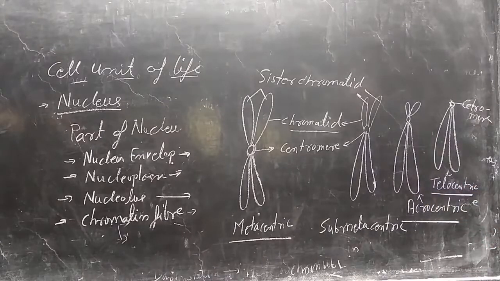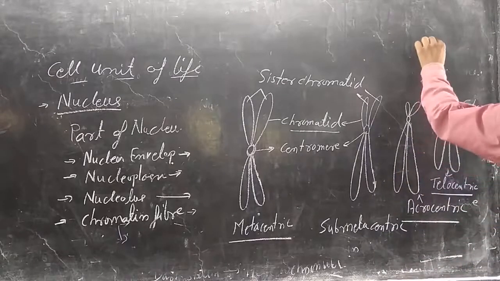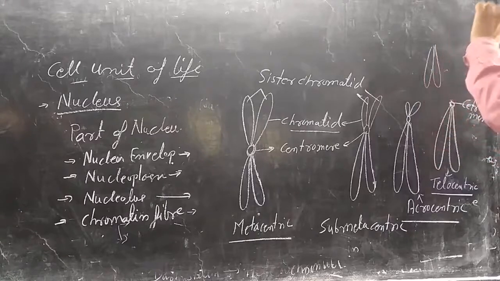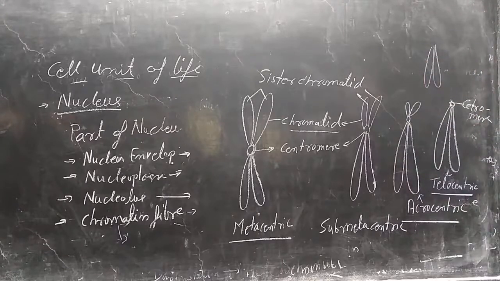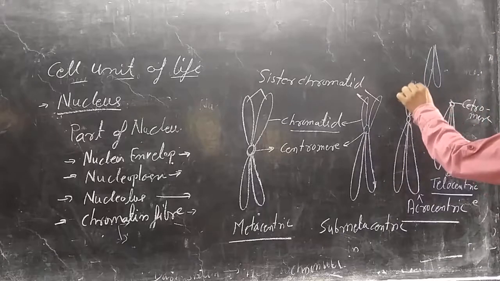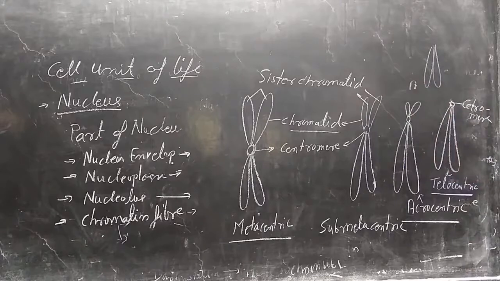And one more type of chromosome is there. If a chromatid is there but there is no centromere, that is acentric. These are non-functional chromosomes, detached from any chromosome, a small fragment of the chromosome.